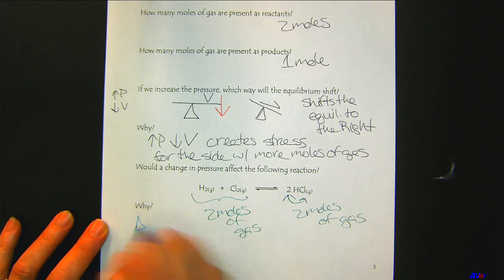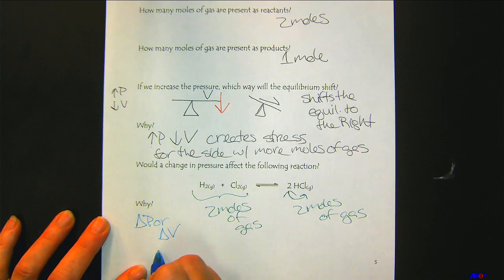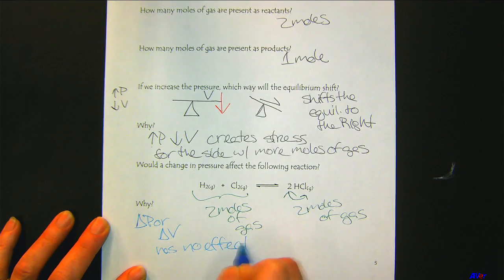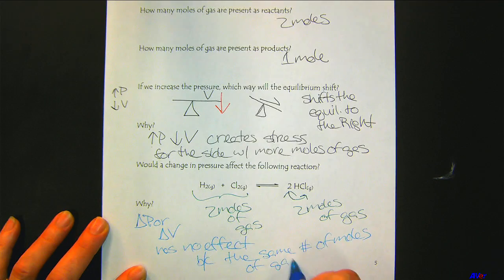So changing pressure or changing volume has no effect, because the same number of moles of gas are on each side.